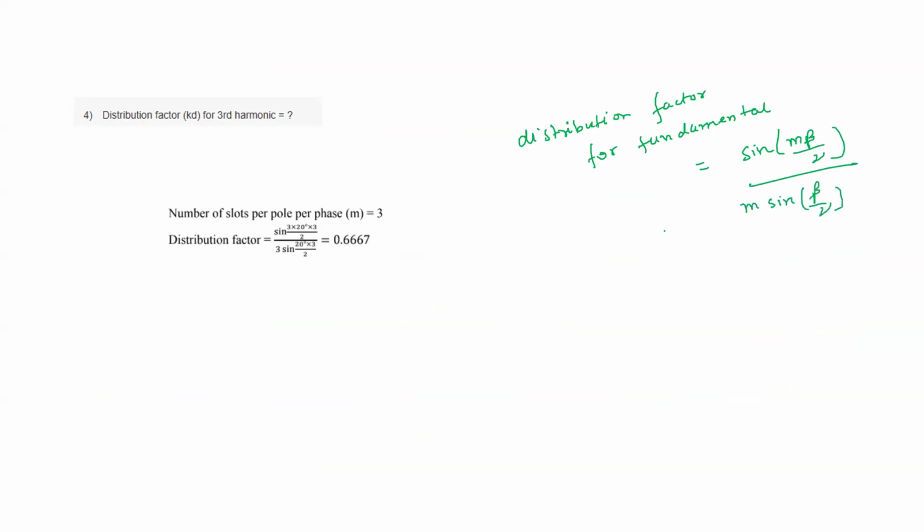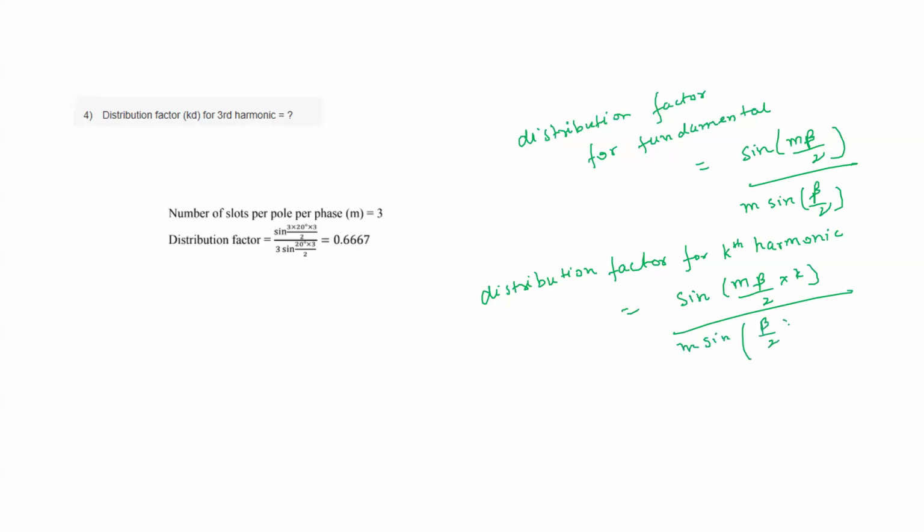Now, distribution factor. We know the formula: distribution factor for the fundamental is sine(m beta by 2) divided by m sine(beta by 2), and for the kth harmonic it is sine(m beta by 2 into k) divided by m sine(beta by 2 into k).